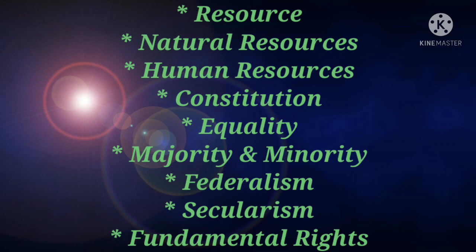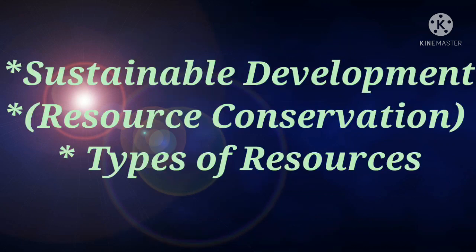Moving on to understand sustainable development. Students, we know using resources carefully and giving them time to get renewed is called resource conservation. See, balancing the need to use resources and also conserve them for the future is called sustainable development.